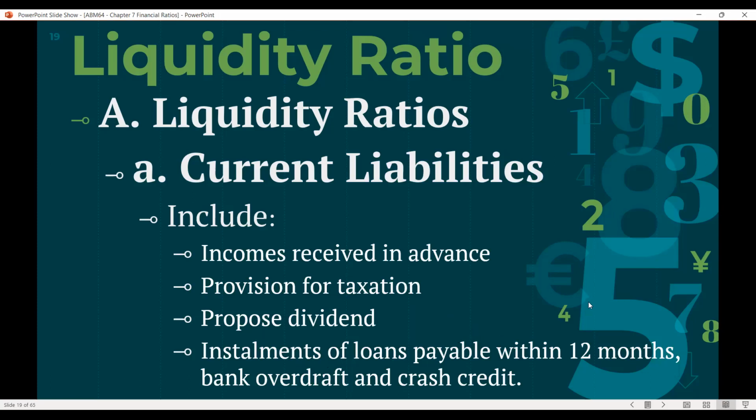So regular siya nga liability kay monthly siya. Probably mga 12 months daw or it can be already automatic na credit sa imong card. Automatic na minus sa imong card ang imong obligations, imong loans. Those are also part of your current liabilities.